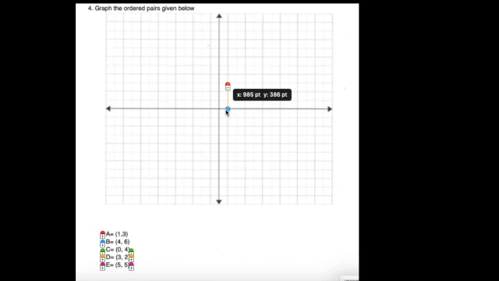We're going to go 1, 2, 3, 4 on the x-axis, and 1, 2, 3, 4, 5, 6 on the y-axis. Letter C is at (0, 4). So we are not moving any places on the x-axis, but we are going 4 up. So 0, and then 1, 2, 3, 4.